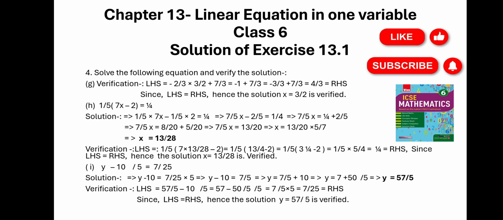And since the LCM of 5 and 4 is 20, we have to multiply the first, that is 1 upon 4, by 5. So it will be 5 upon 20, plus 2 upon 5, which will become 8 upon 20, because 4 5s are 20.